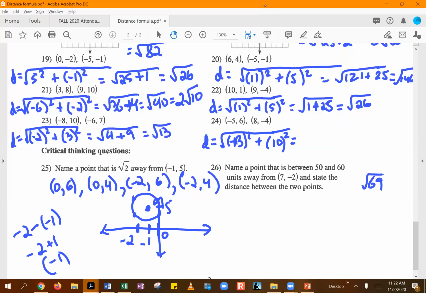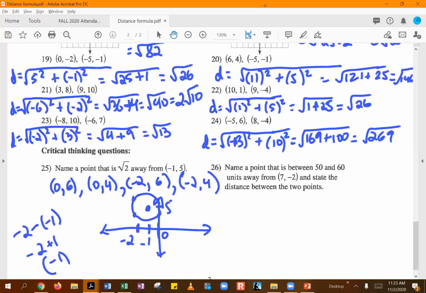I'm trying to see what that simplifies into, if the square root can simplify to something easier to read. Because with negative 13 squared, we get 169. 10 squared, of course, is 100, and then that adds up to 269. Will that simplify?